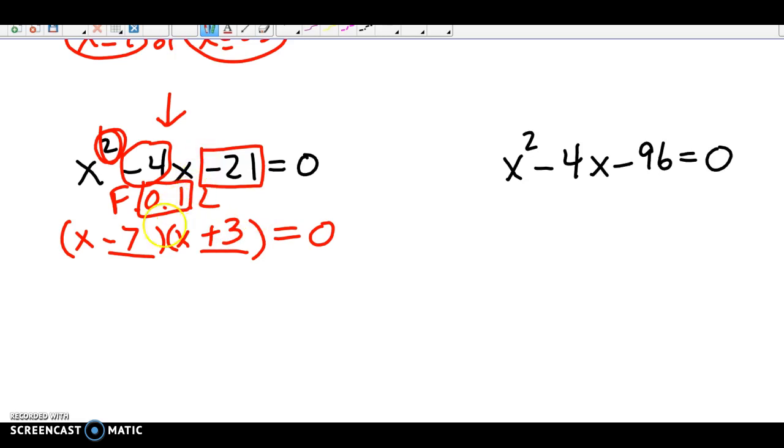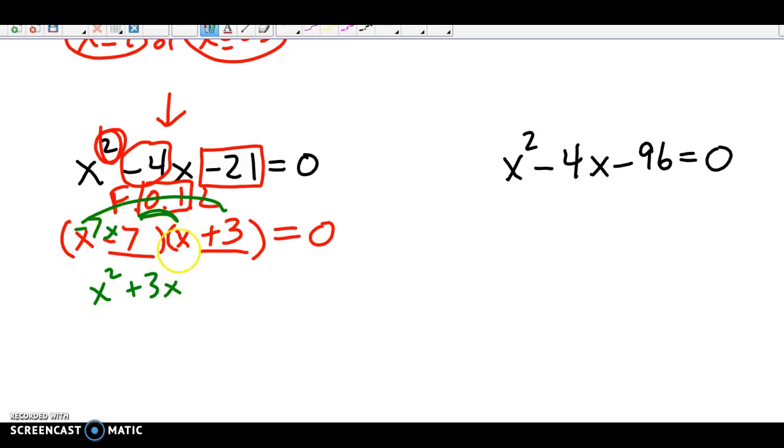So just to check to see whether I'm right, if I did FOIL these two binomials, x times x would give me x squared. The outer x times positive 3 would be 3x. The inner, or the I part, would be negative 7 times x would be negative 7x.